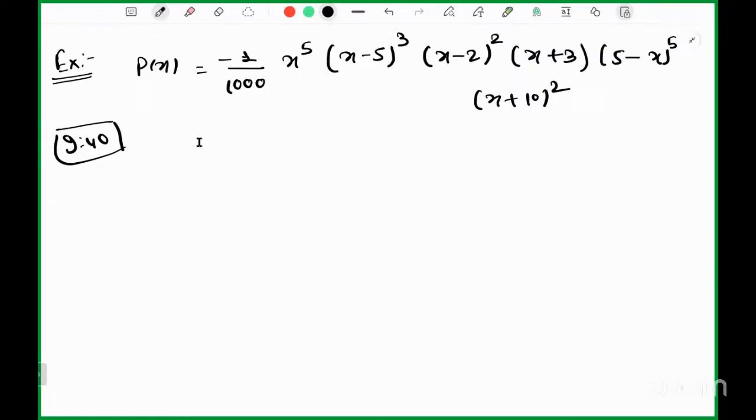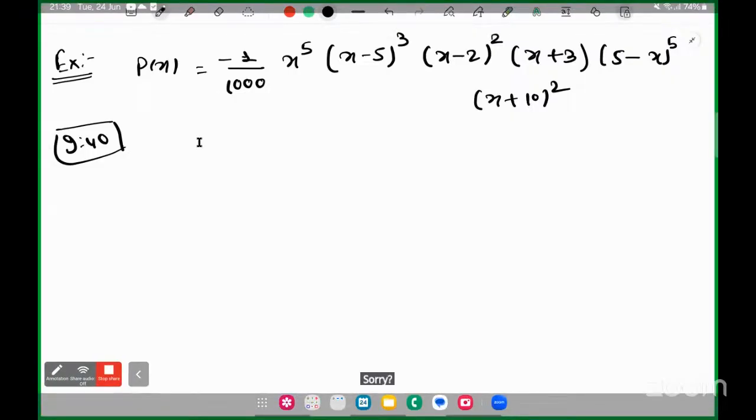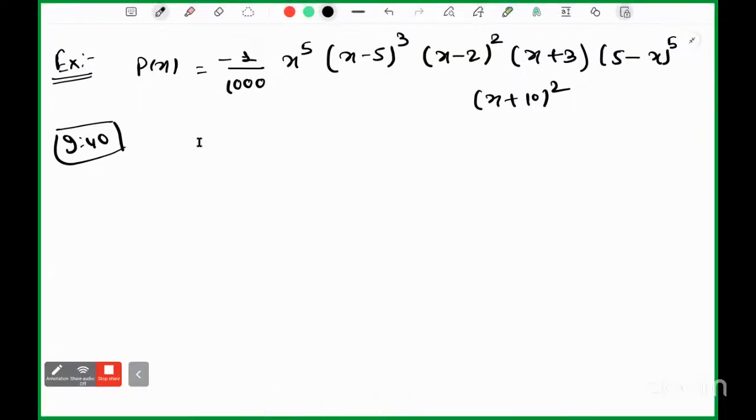How to draw a graph of it? Sorry? Please.